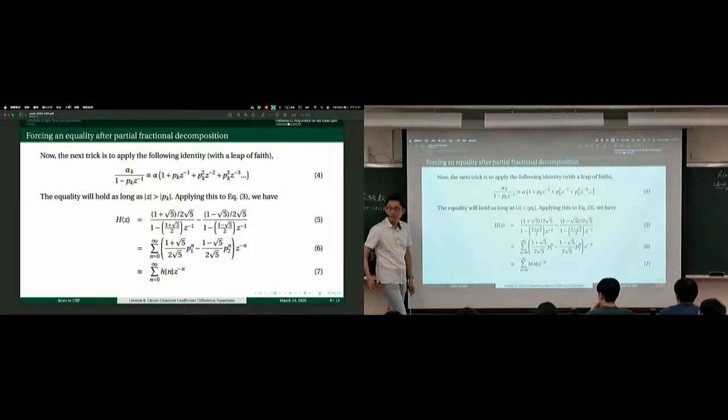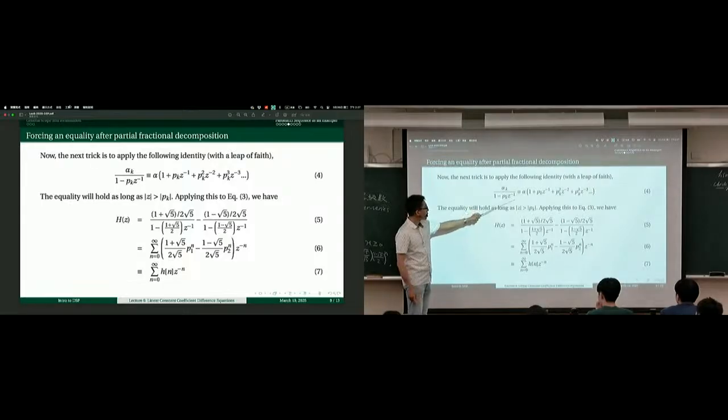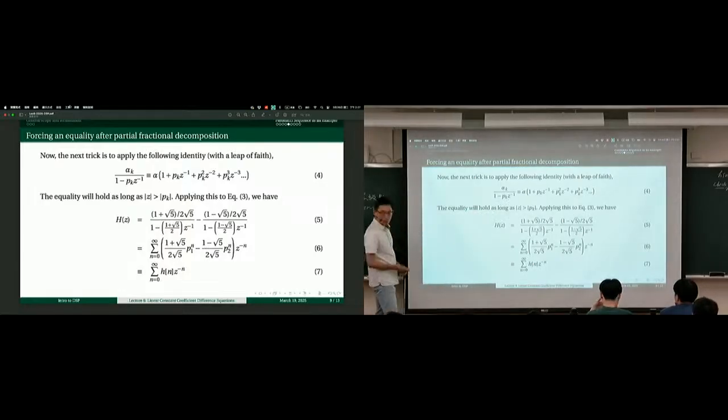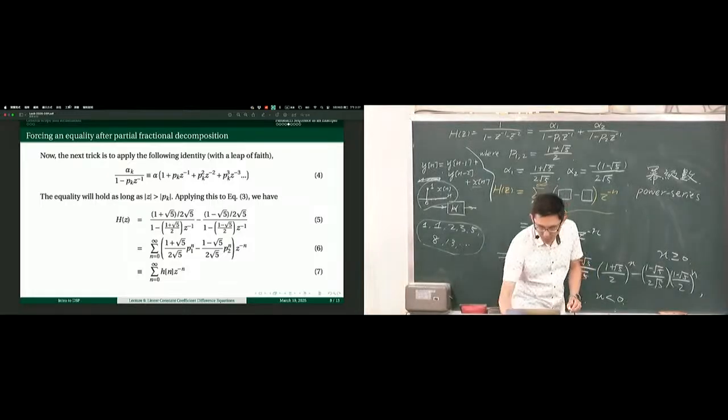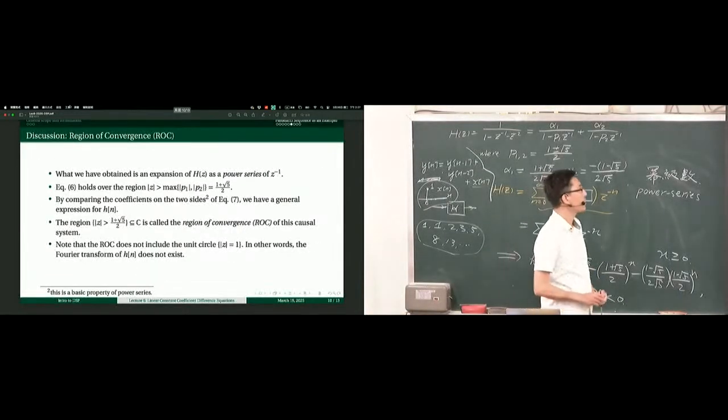That's a geometric sequence, okay? For the equality to hold, we want the common ratio to have an absolute value less than 1. The common ratio right here has z inside, so for the sake of completeness, we need to talk about this, okay?